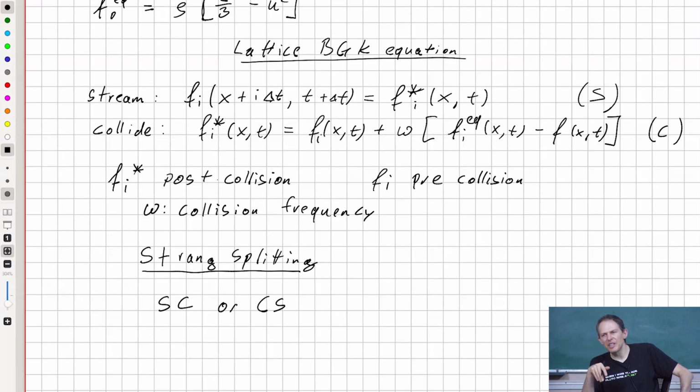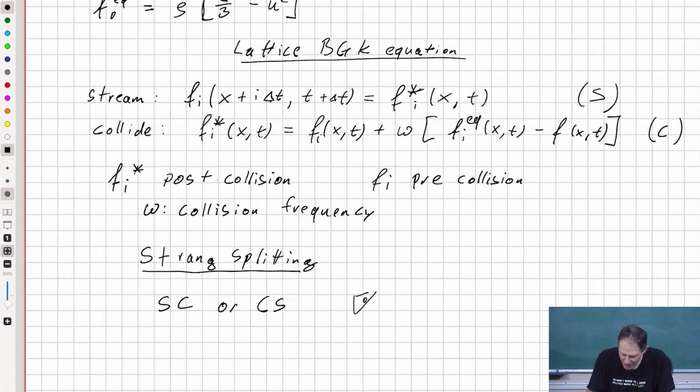In the Boltzmann equation, these things kind of happen at the same time. Here we're splitting them up, and by splitting them up, we are making something that is symmetric in nature asymmetric, because you do one thing first and then the other, or the other first and then the one. That's not the same.